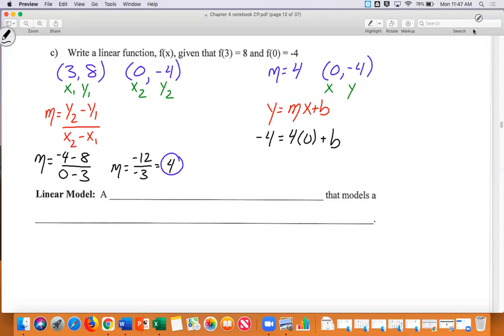And then I solve, which is -4. 4 times 0 equals 0 plus b, that's just b. So I have m, I have b. I write my equation, which is y equals 4x minus 4. Any questions?